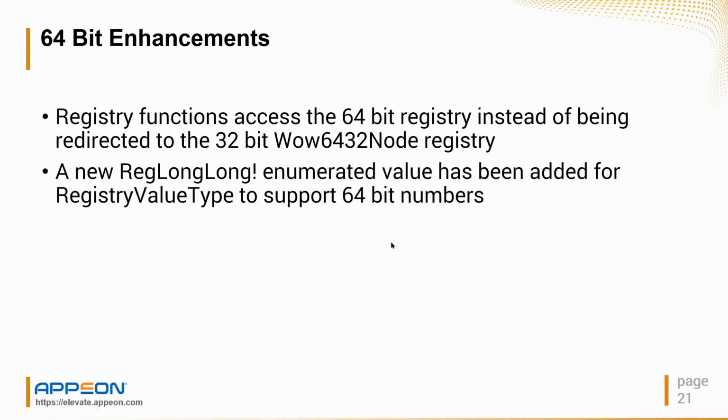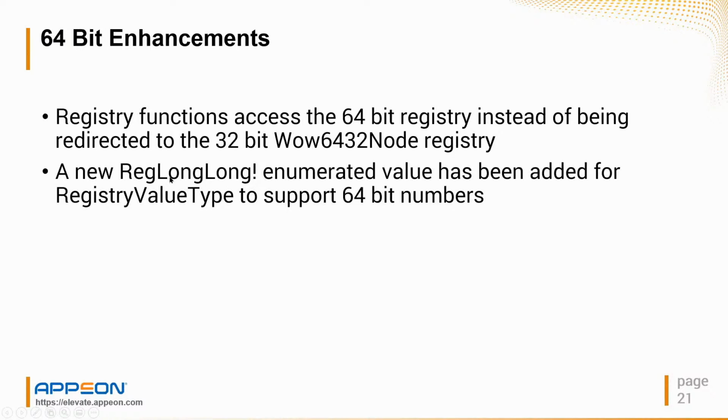One problem, though, for PowerBuilder with the 64-bit registry is that the 64-bit registry can support 64-bit numbers, which are actually bigger than the data type arguments that were available for the registry functions.